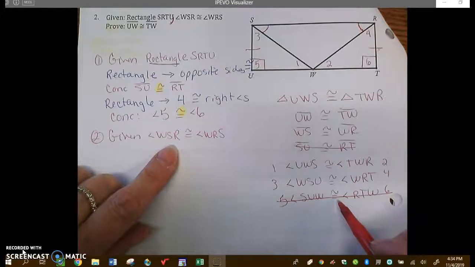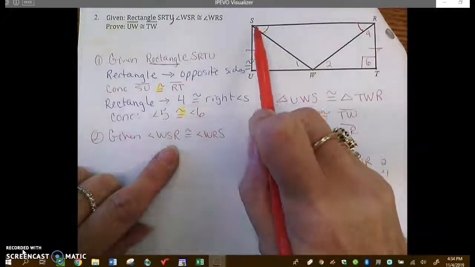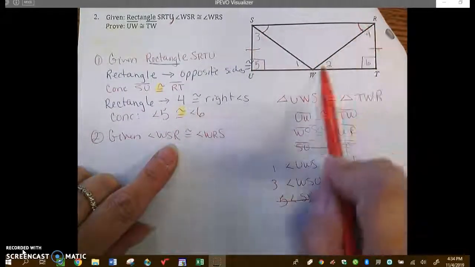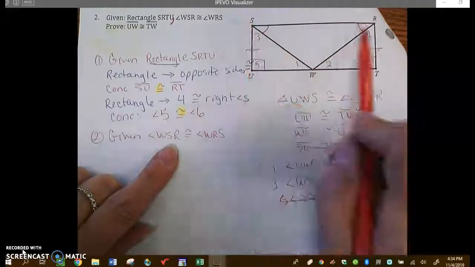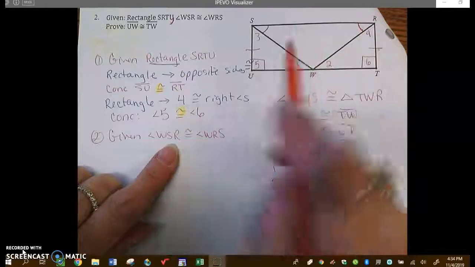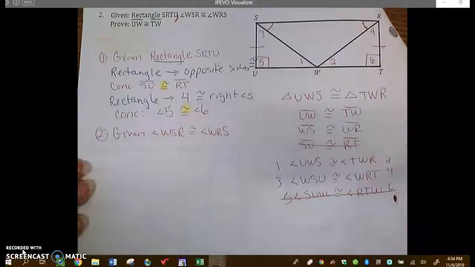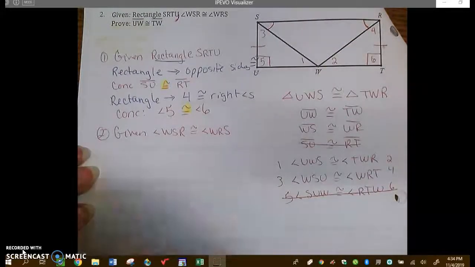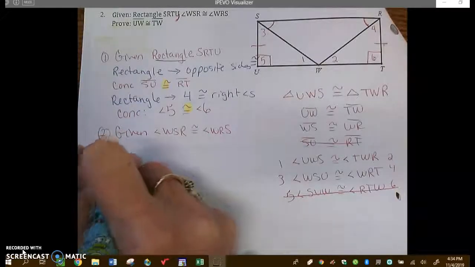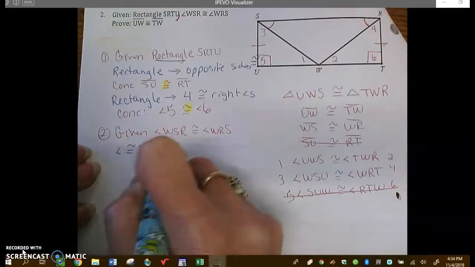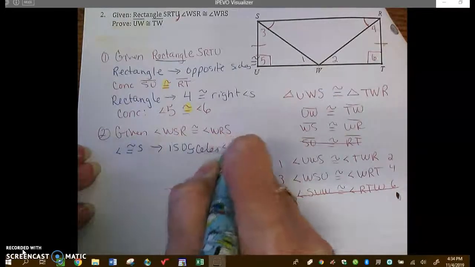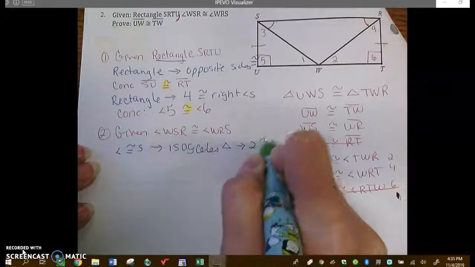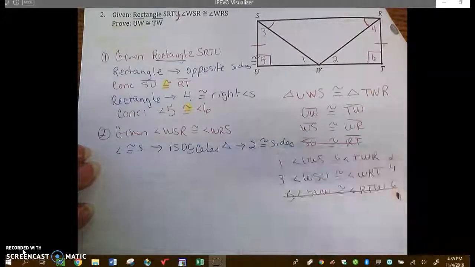Now, I am noticing that those are two angles in triangle SRW. So in a triangle, if I have congruent angles, I know that that's an isosceles triangle, which also means there has to be two congruent sides.